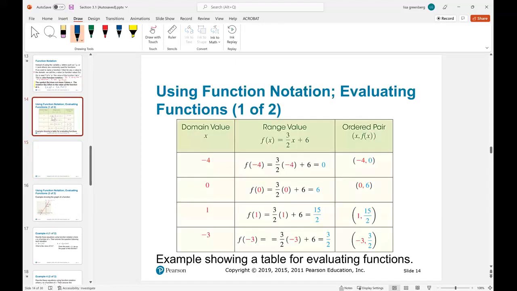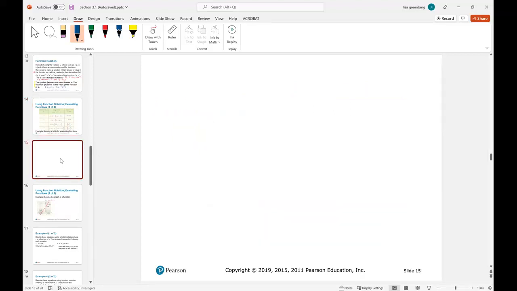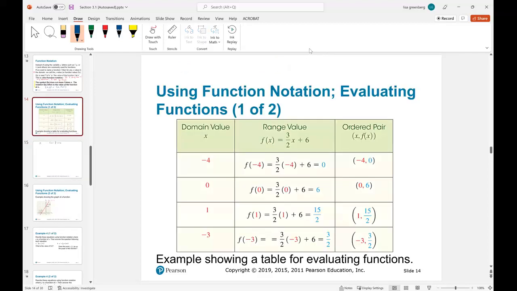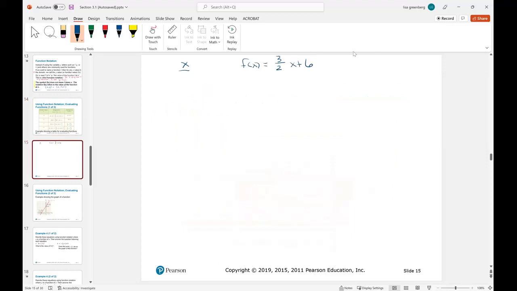Okay, so let's say my equation is F of X equals 3/2 X plus 6, right? And then we have the ordered pair. So without looking back, let's see how this works. If X is equal to, let's say 3, I'm just picking numbers.